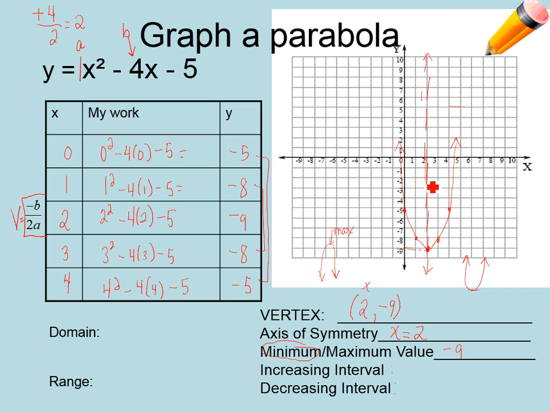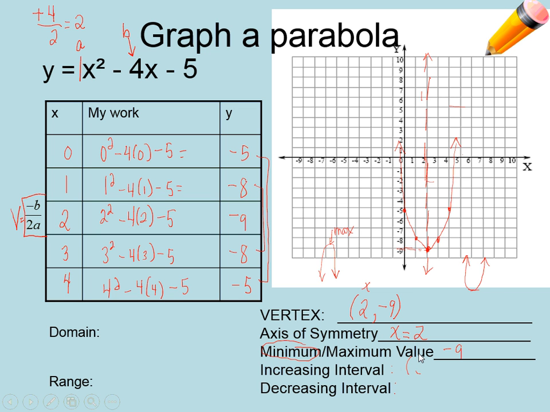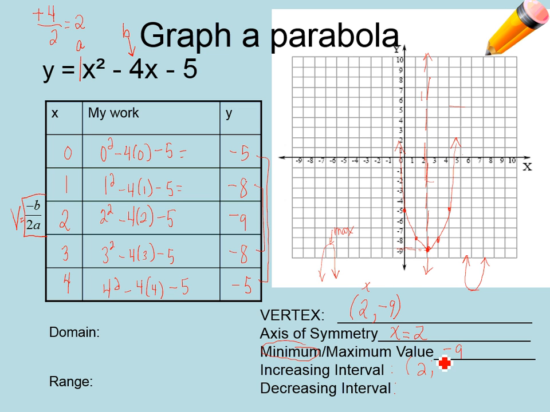So the x value that it starts increasing at is 2. So my increasing interval starts at 2, and it's going to continue on in an increasing pattern forever, for infinity.